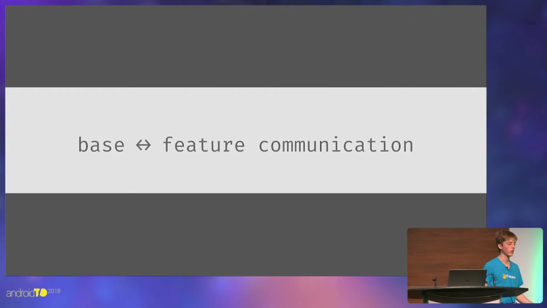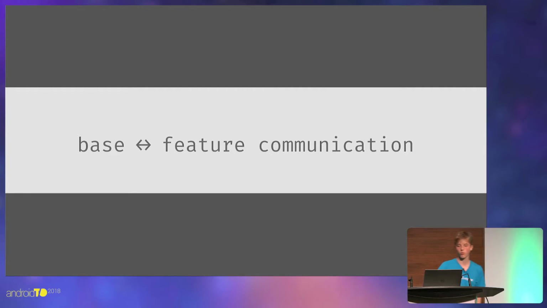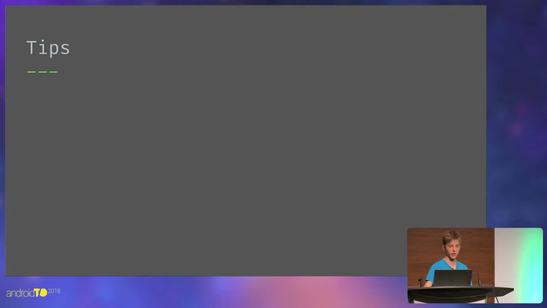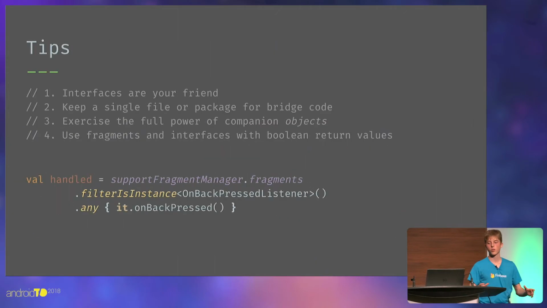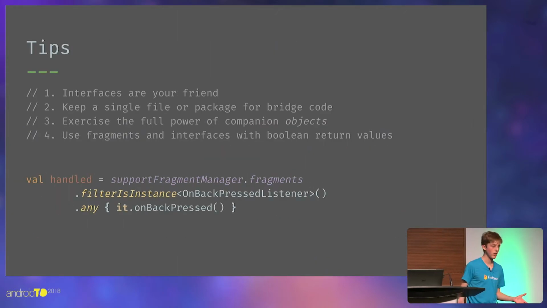So now if we want to talk back and forth, I'm going to go fairly quickly through this since we don't have a full 40 minutes. Basically, you're going to want to use a lot of interfaces so you can communicate directly. The issue is we have our base, and on this other side, we have the features. But the base doesn't know about the features, right?